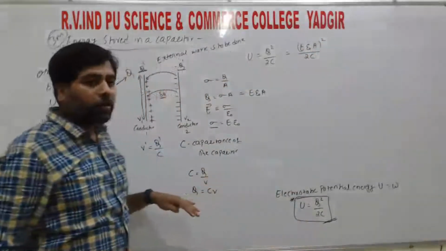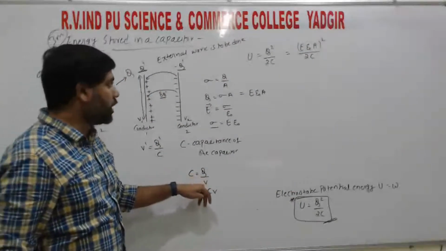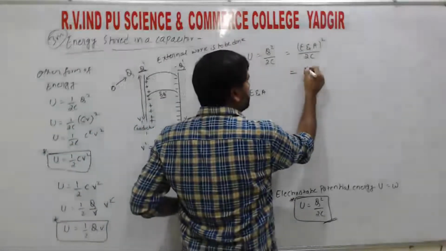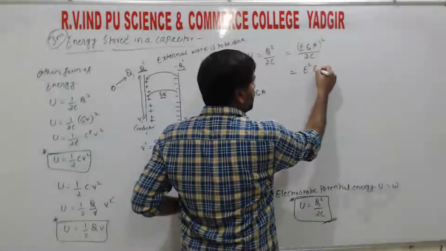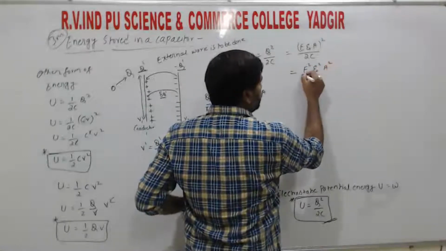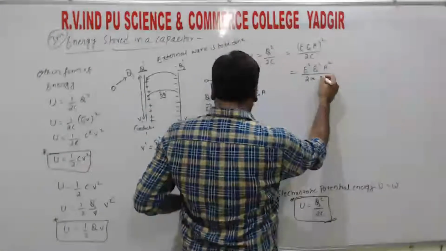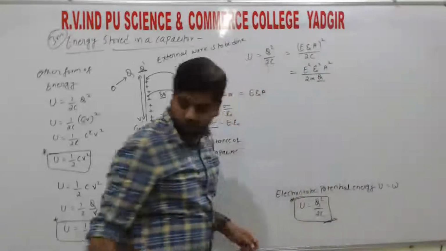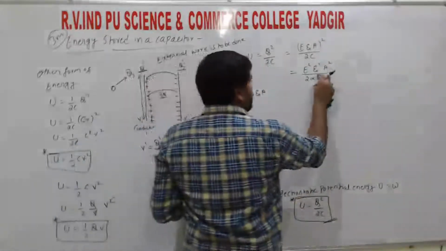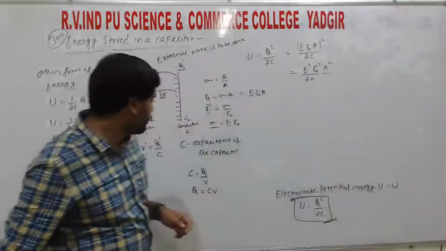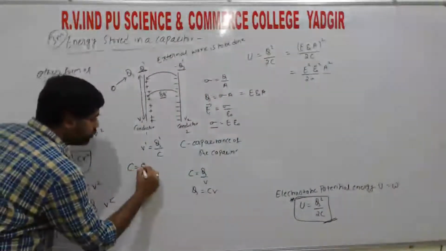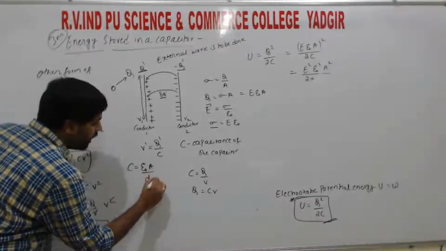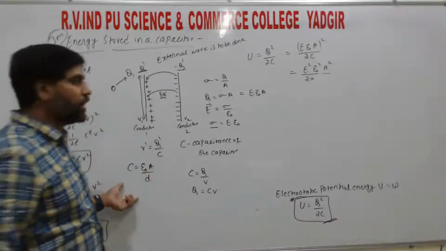Right? So again we know the relation C is equal to Q divided by V. Right? So E square epsilon naught square A square divided by 2 into C. So the capacitance C is equal to epsilon naught A divided by D. So this is for a parallel plate capacitor.